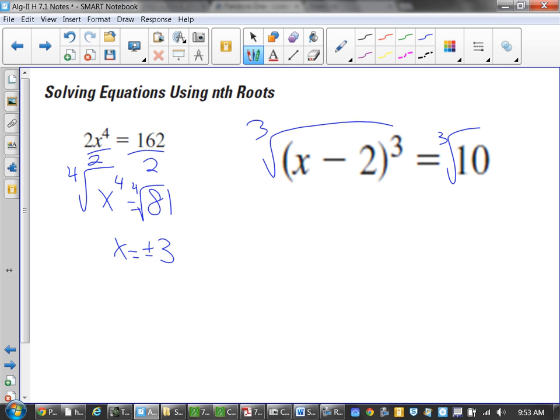An exact answer is going to be x minus 2 equals the cube root of 10. How do I get x by itself? You add 2 to both sides. Do I add 2 to the 10? No. So written as an exact answer, it looks like this: 2 plus the cube root of 10. That is an exact answer.